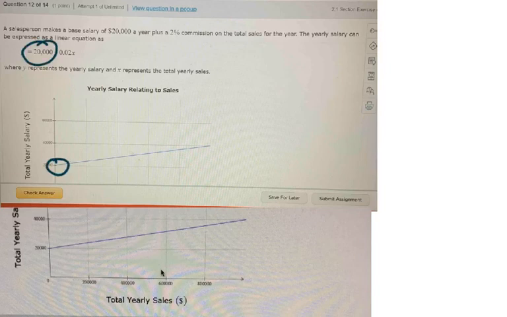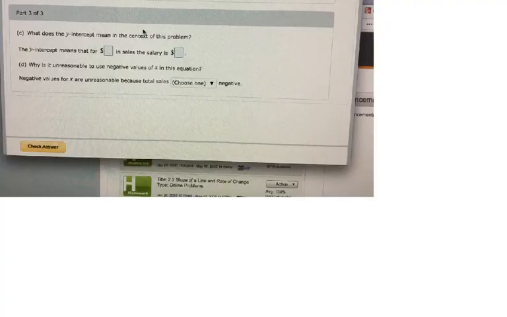So no matter what, even if you just sit at your job and sleep all day at your desk, you're still going to make 20,000 for the year. So what does it mean? That 20,000 means that for $0 in sales, the salary is 20,000. I had to read the question and make sure I understood what it was saying, how they were representing it.